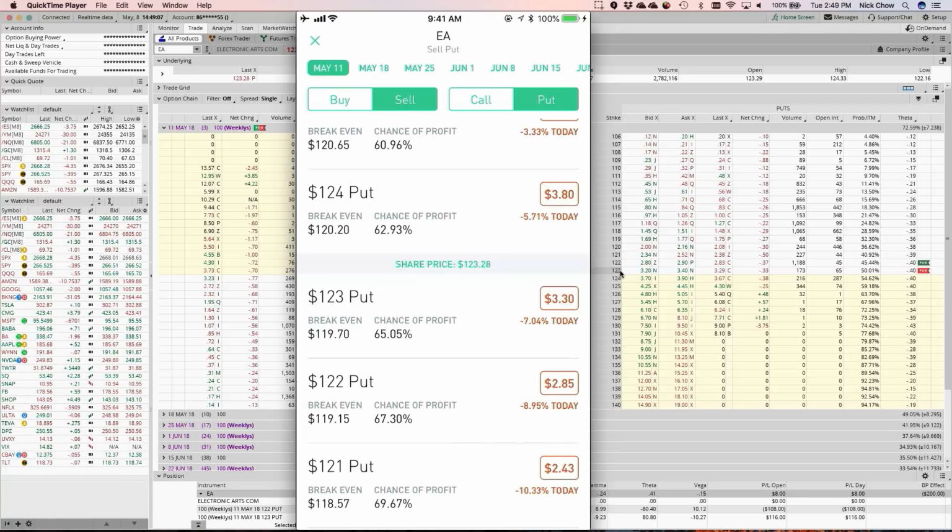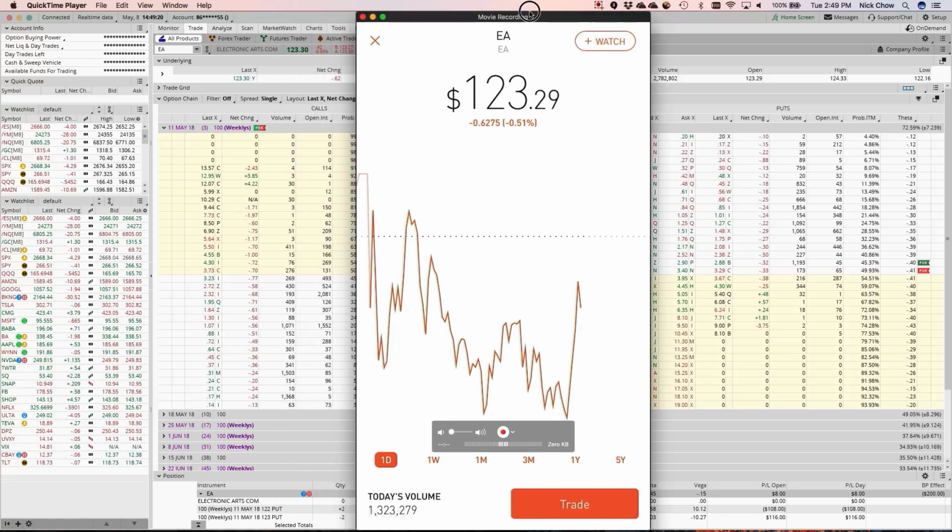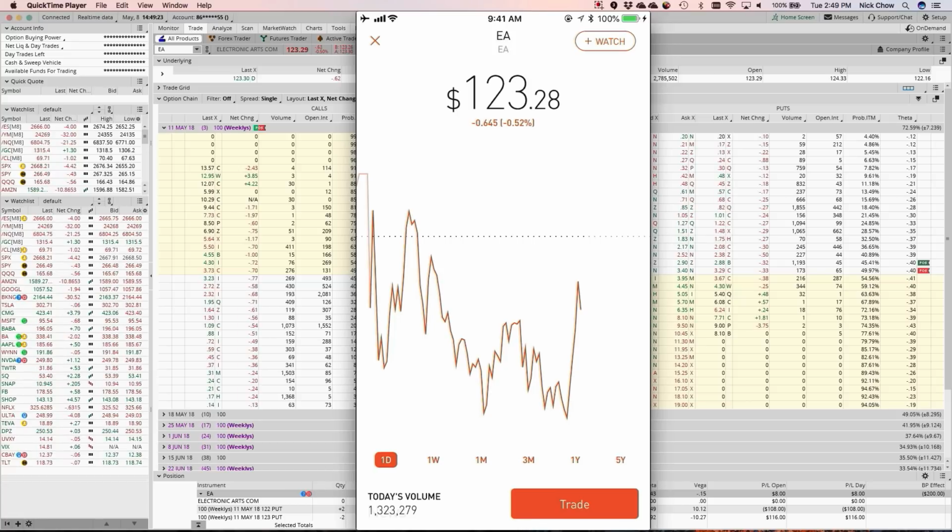So you actually have to do two orders, and the reason you do the long contract first versus the short contract is that you most likely don't have enough money in your account to cover it. I only have $160 in here. Unless you have a margin account with quite a bit of money, a short put is going to cost you quite a bit on a $123 stock. So those are just some of the pros and cons.